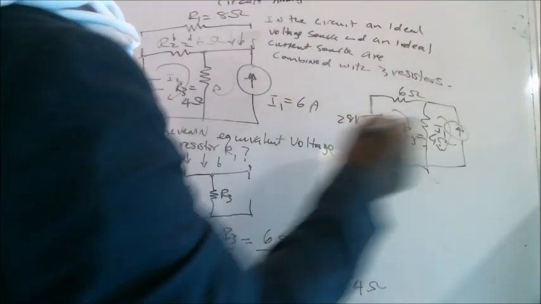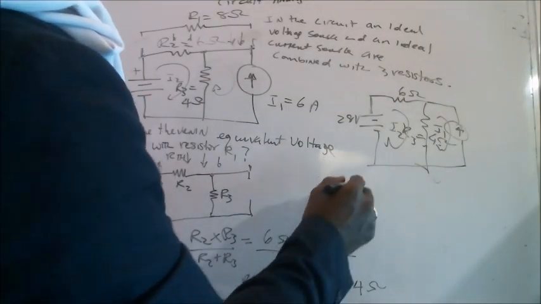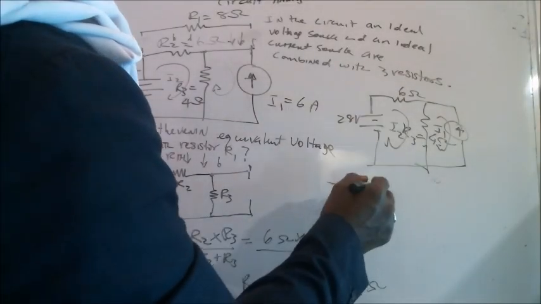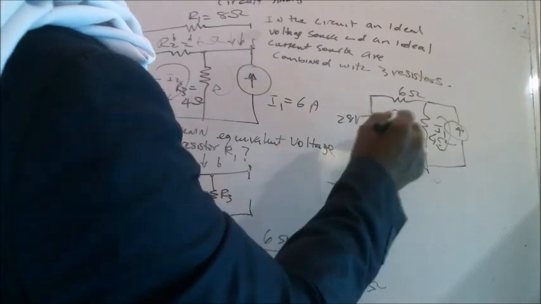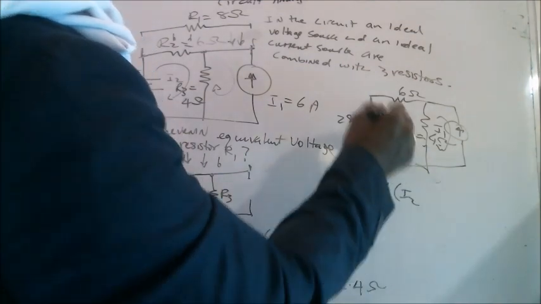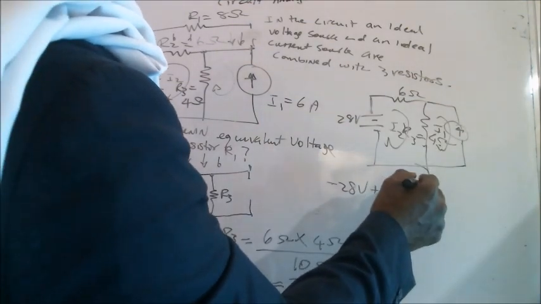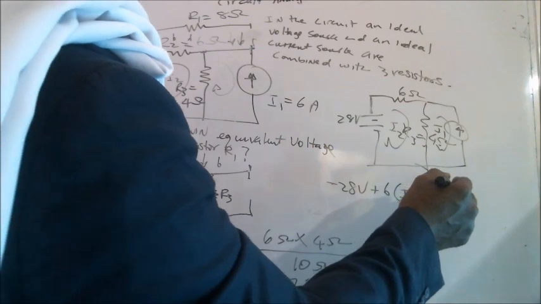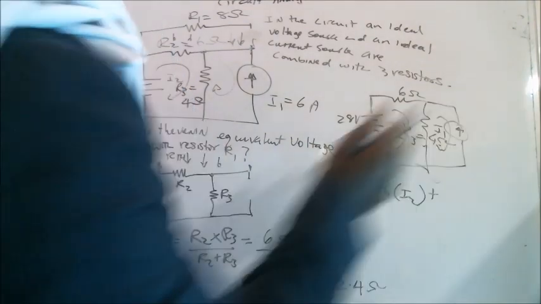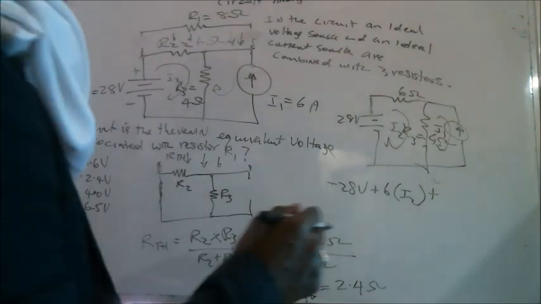So minus 28 volts plus 6 ohms times I2, which is the current through this loop, and then plus, but look at R3, it's surrounded by 2 currents, and one current is going in the opposite direction to our clockwise flow, so we're going to treat that as a negative current.